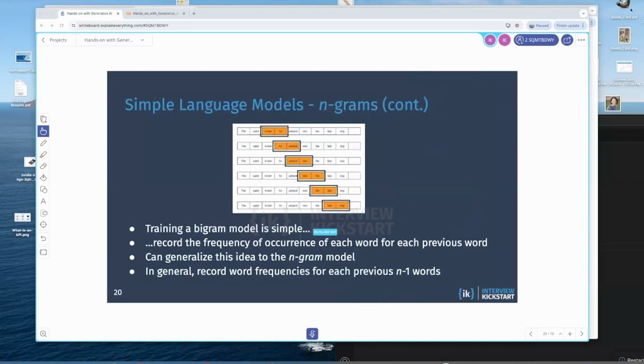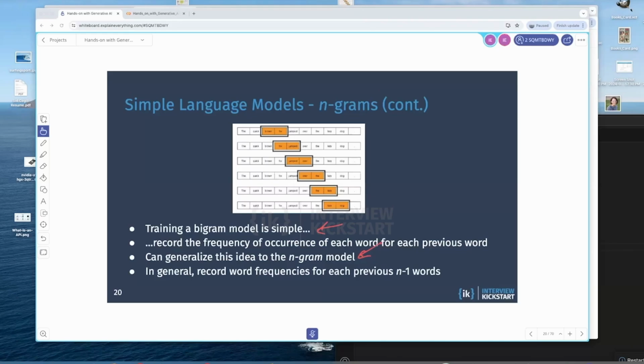So the idea with n-gram models and training them is simple. The concept of training them is simple. You just keep track of the occurrences of these word pairs or word triples, and you record the frequency. You could generalize that if I wanted to keep track of each sequence of 3 words or 4 words.